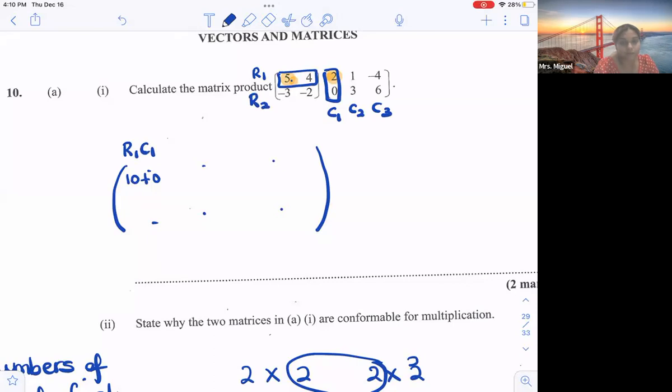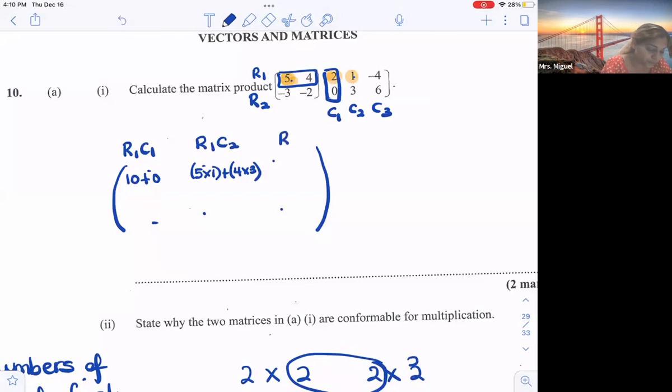So the next element, row 1 by column 2. We multiply 5 by 1 plus 4 by 3. So we are finished with row 1, column 2.